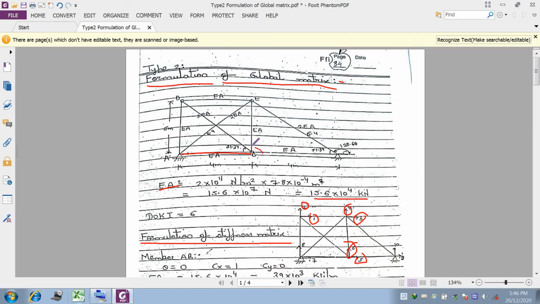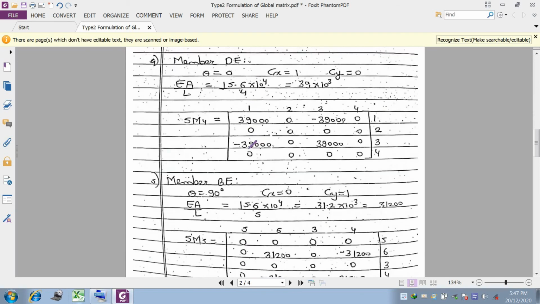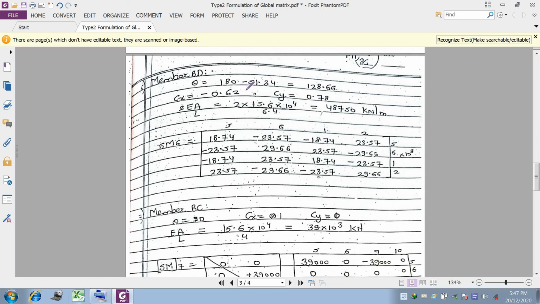That is the angle applicable for BD. We know that the total horizontal half angle is 180. So 180 minus 51.34, that is 128.66, is the angle for BD.